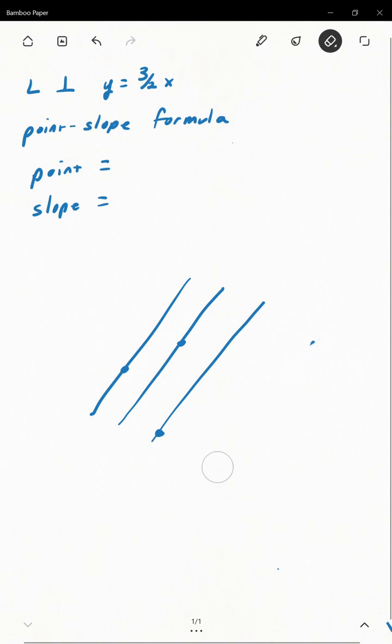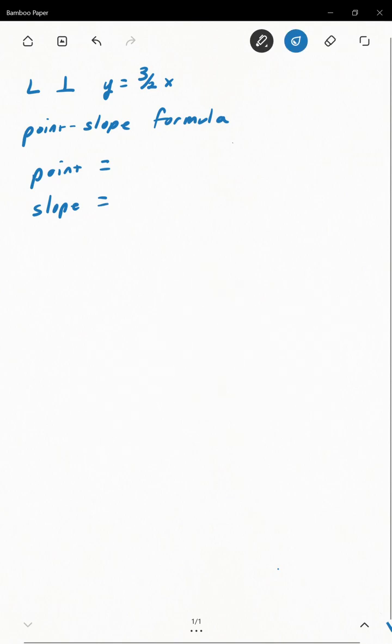There's only one line in the entire universe that meets those criteria. Likewise, knowing a point on a line doesn't give you everything you need to know, because many lines go through that point. But if I know it goes through this point and it has a slope of 3/2, there's only one line in the world that can meet those criteria.